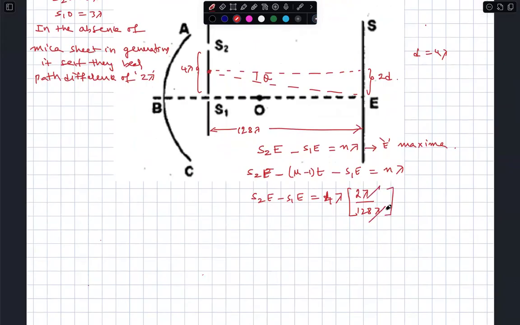Cancel. 8 lambda by 128. So come back to here. Therefore, lambda by 16.